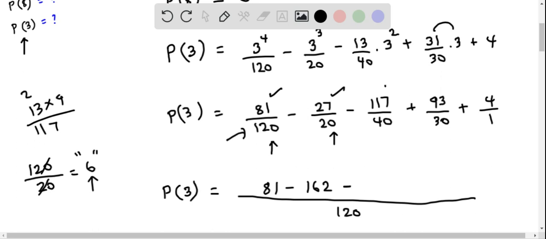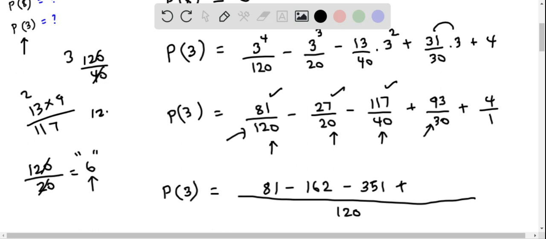And when you look at the next fraction, the denominator is 40. So 120 goes into 40 as 3 times. And therefore, this 117 has to be multiplied with the 3. So when we multiply 117 with 3, we get 351. Since it is a negative number, I put negative 351. We then have plus, the denominator in the next fraction is 30.